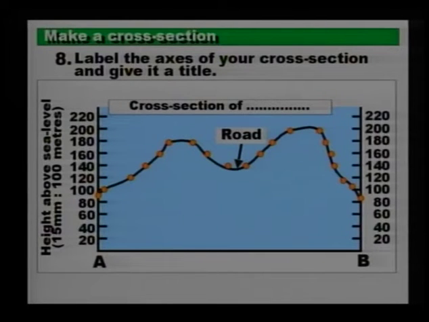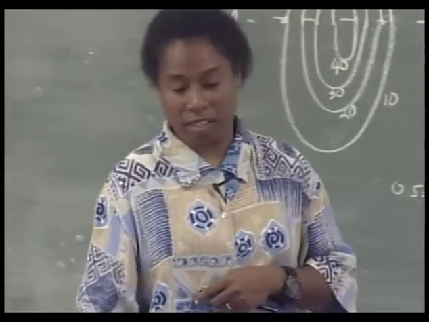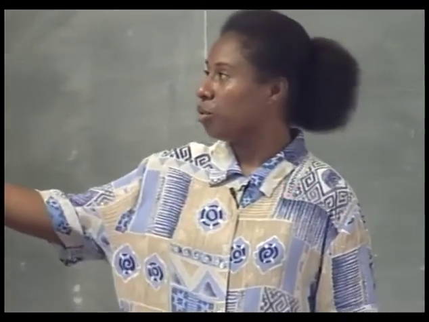And this particular cross section also will need a title. So our title here is the cross section of point A to point B. And that would be the title of that particular graph. Okay, and if we've done all of the steps correctly, then our cross section at the end would look like what is shown here.